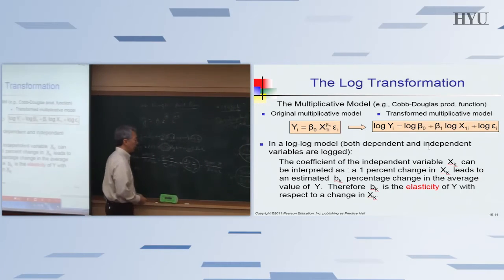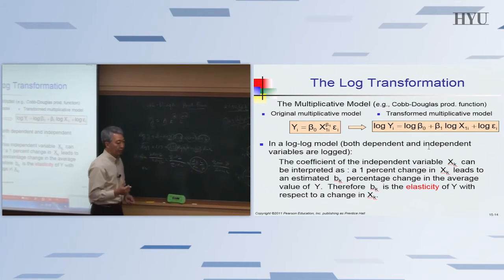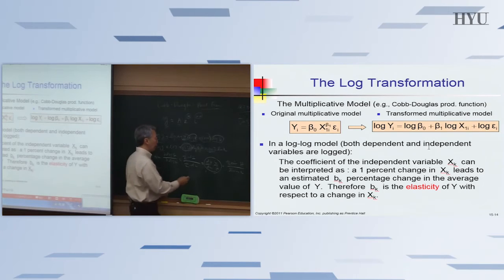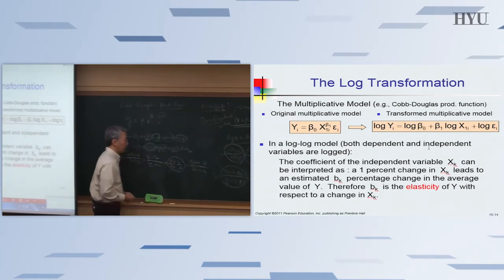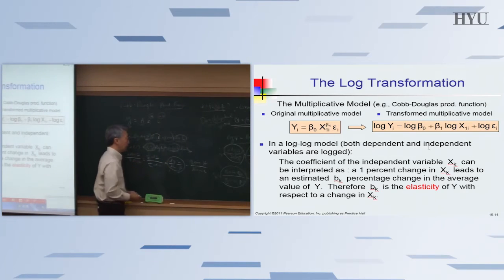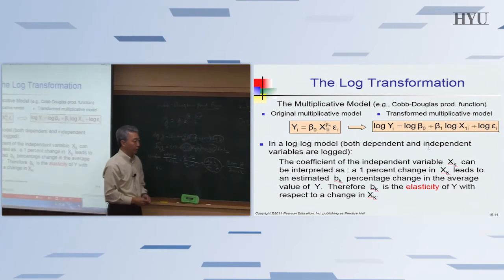What that means is if capital input increases by 1%, the total output in the economy increases by 0.38%. If the labor increases by 1%, then the total output in the economy increases by about 0.6%.